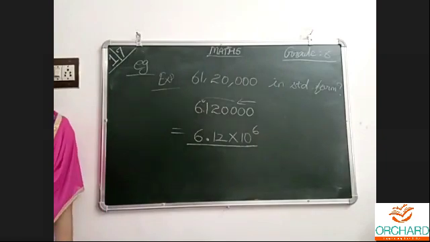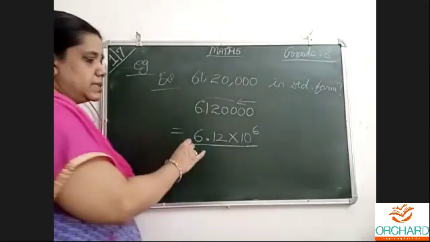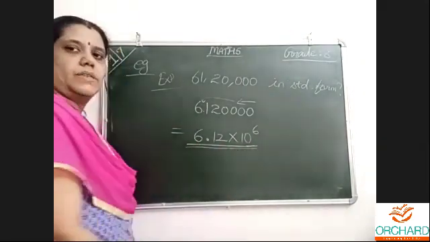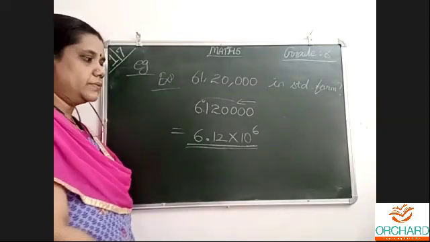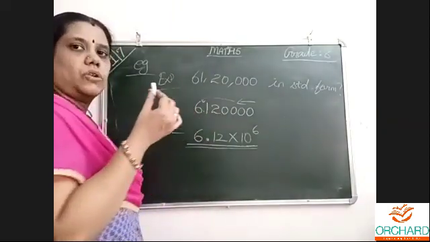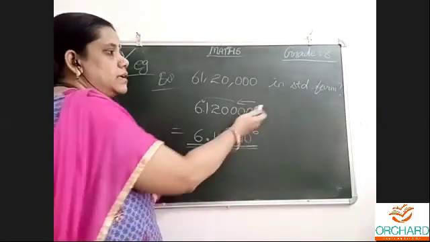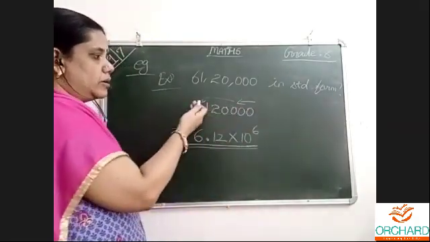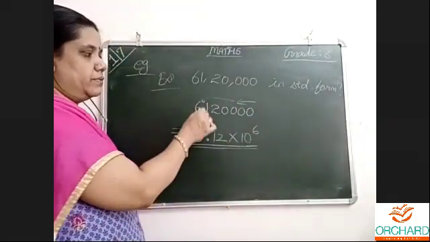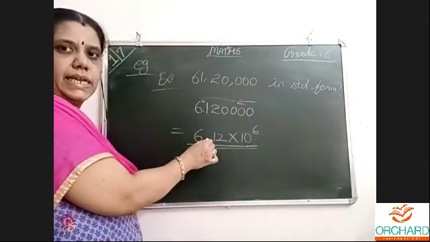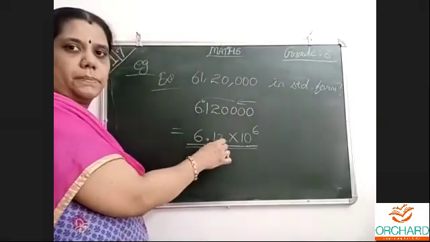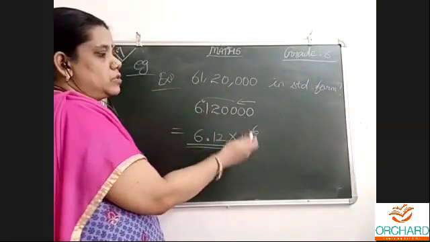In this way, we need to write. This is the answer, the standard form or scientific notation. We have to imagine a point, come from the last place, keep on moving, leave this one integer and sit in that place. The remaining numbers alone we copy, and the remaining all we should write in 10 powers.